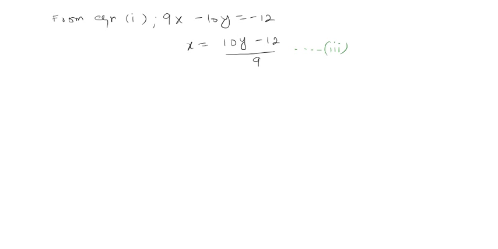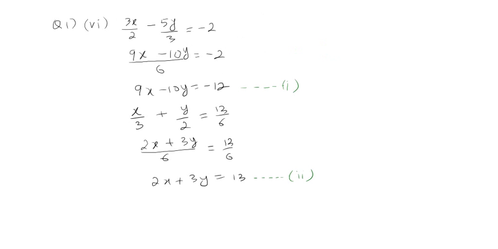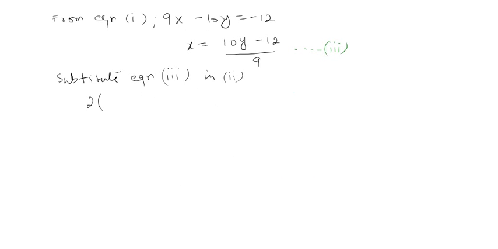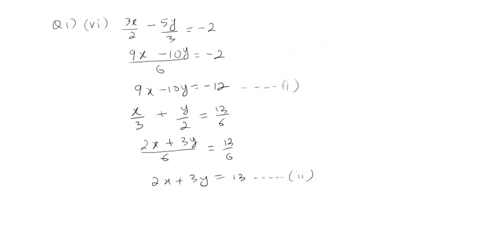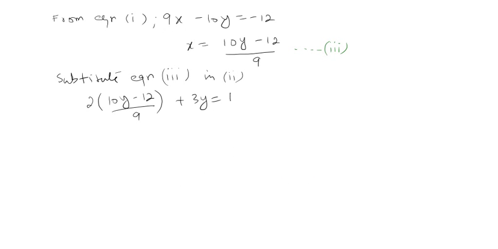So now I'm going to substitute equation 3 in 2. So what was the 2? 2 is this one, 2x plus 3y, okay? 2x plus 3y is equal to 13.